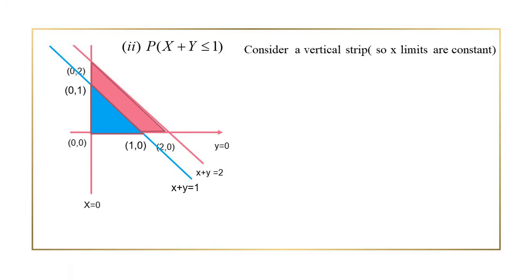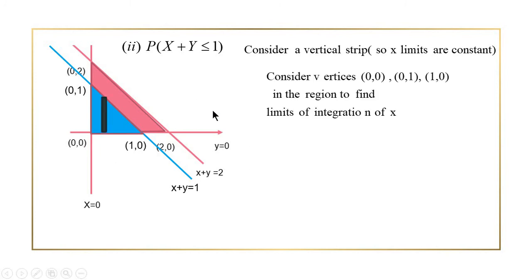Okay, now I am going to consider a vertical strip. Since we have a vertical strip, the limits of x must be constant. For that, you have to consider the vertices of the blue colored region, which is 0, 0, 1, 0 and 0, 1. And x varies from 0 to 1. So the limits of x is from 0 to 1.